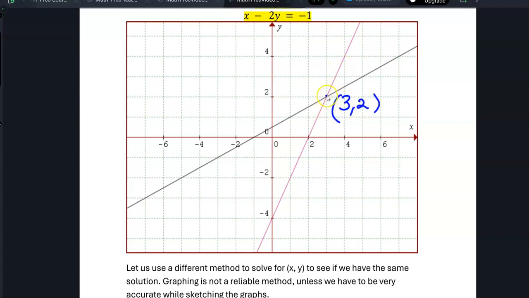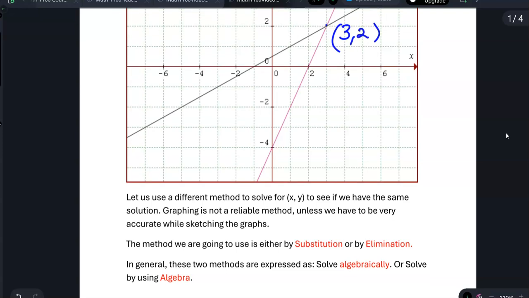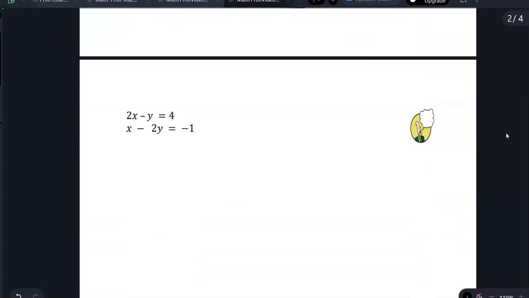Because this point is the point of intersection, it stays on this graph as well, and it also stays on this graph as well. That means it stays true for both equations. The solution satisfies the conditions of these two equations. All right, so let's get started.